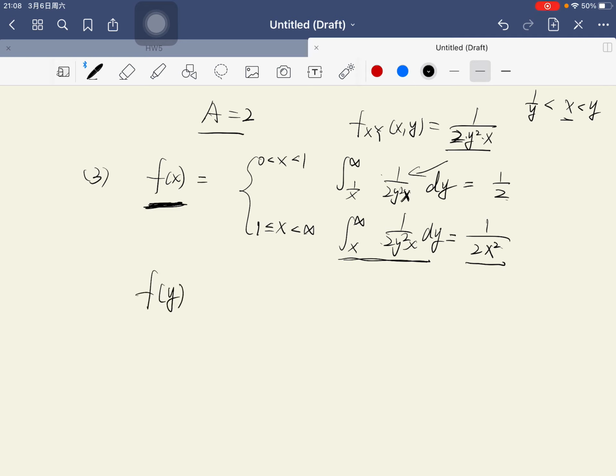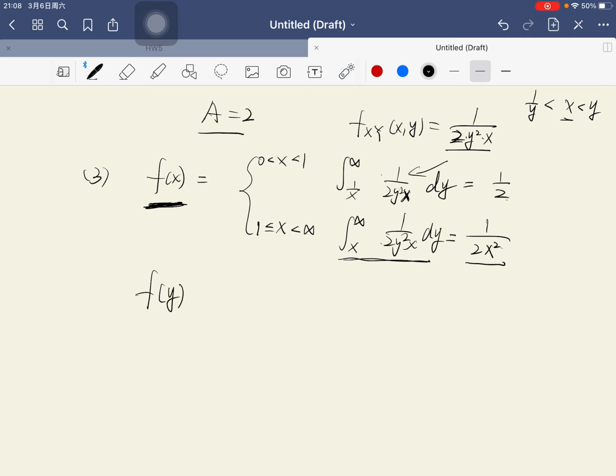We could compute the density function of y, which is equal to the integral over x, dx. Here x is from 1 over y to y, so it's easier, from 1 over y to y, and this is the density function of (x, y).